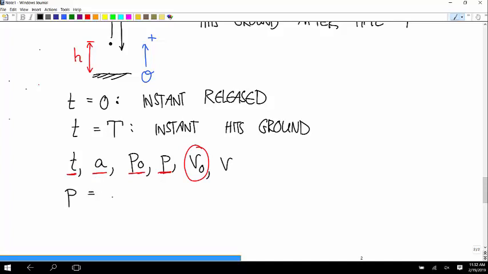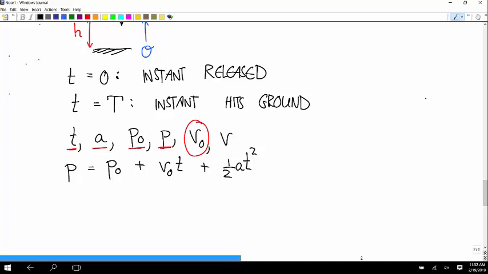And the one that works is this one. And so I'll substitute in the constants that we're given and the values that we know. The position is 0.